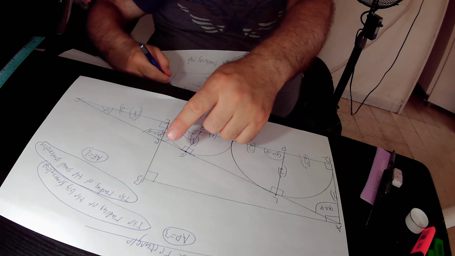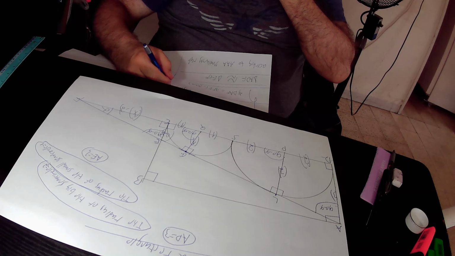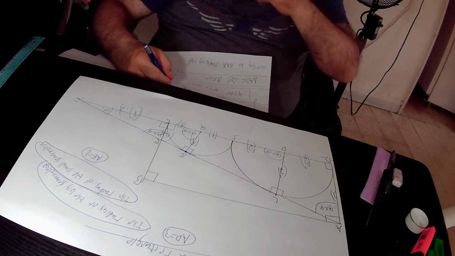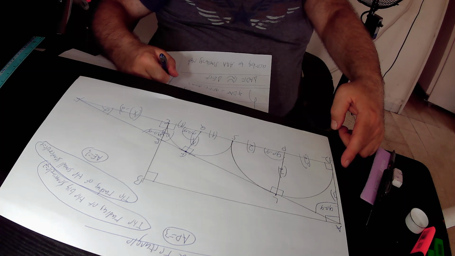So what is the length of the missing side BE? First of all, we know that the opposite sides of a rectangle are equal to each other.